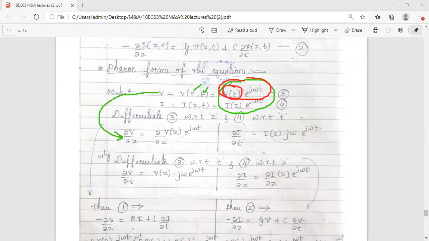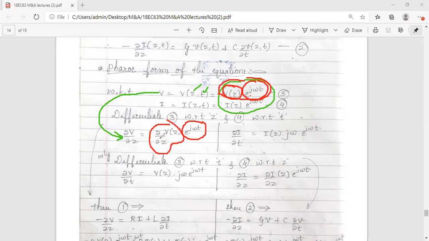There are two terms here: V of Z, and e raised to j omega t. The exponential is independent of Z, so let me write it as it is, and V of Z has the Z parameter, so apply the differentiation.